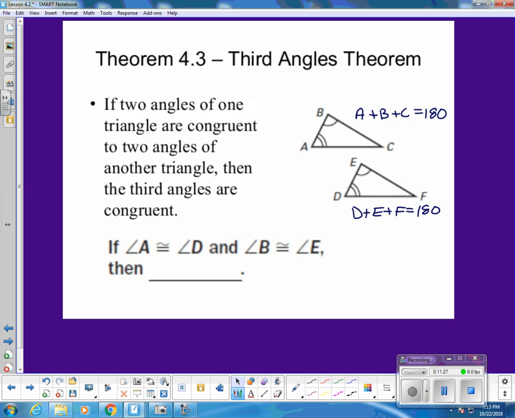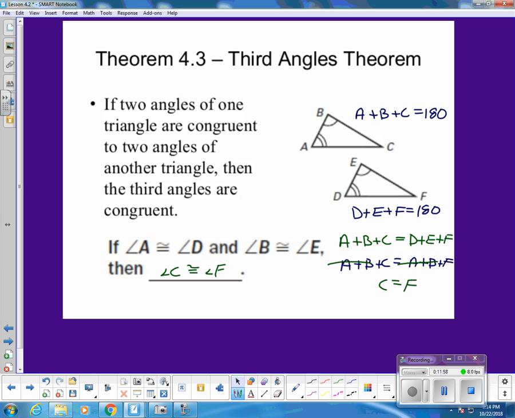So then we have A plus B plus C equals D plus E plus F. Since A is congruent to D and B is congruent to E, I can replace those, and then I can cancel them out on both sides, so C is equal to F, so they're congruent.